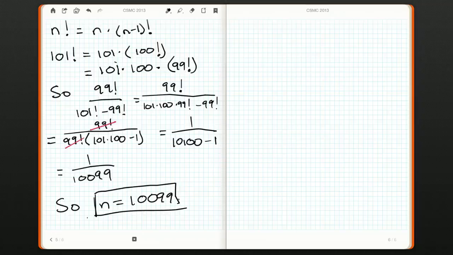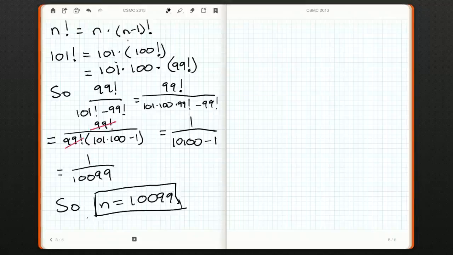I admit if you are just seeing factorials, it might have taken you a while to approach this question and figure out this relation. But once you have this relation and you realize the 99 factorial on the top has got to go, there's got to be a way to cancel it out with something on the bottom. That's the real key. We know we've got a 99 factorial on the bottom as it is.